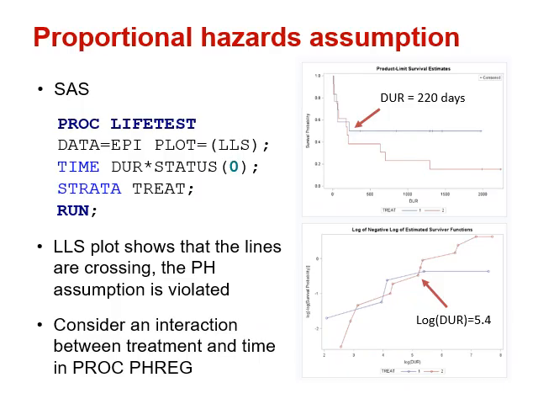We can also check the proportional hazards assumption. Here you can see the code that we can use to check the proportional hazard assumption for the variable treat.